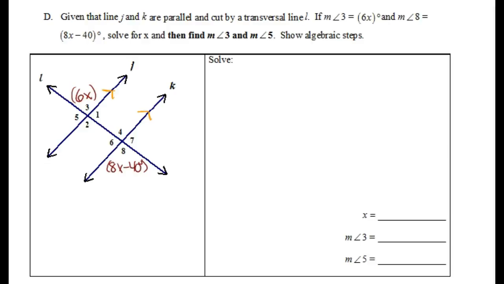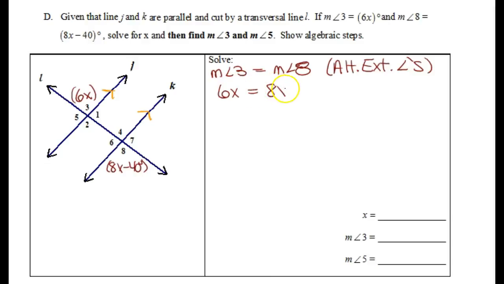Do these angles have a named relationship? The measure of angle 3 is equal to the measure of angle 8 because they are alternate exterior angles. So let's do our substitution, and solve.